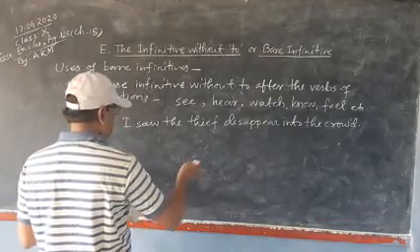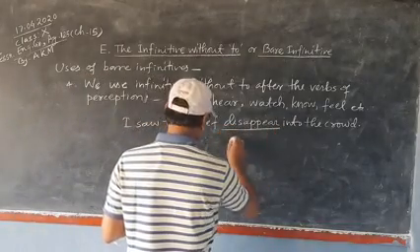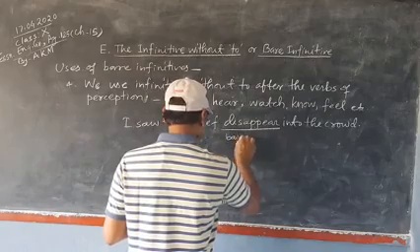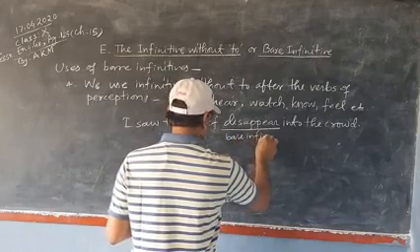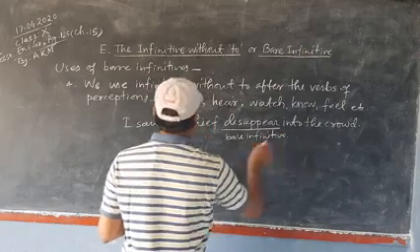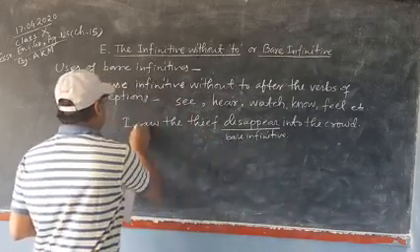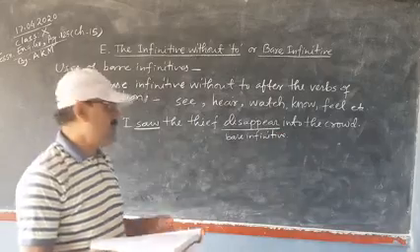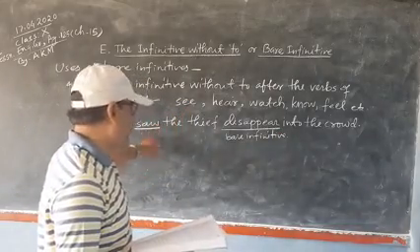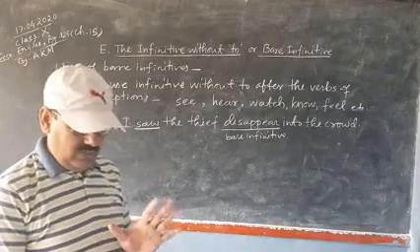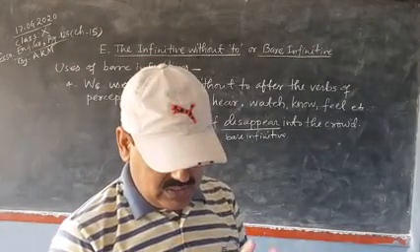I saw the thief disappear. Disappear is a bare infinitive. Now, with verbs of perception, saw, the V2 of see, is there. So you can understand it by studying it also.